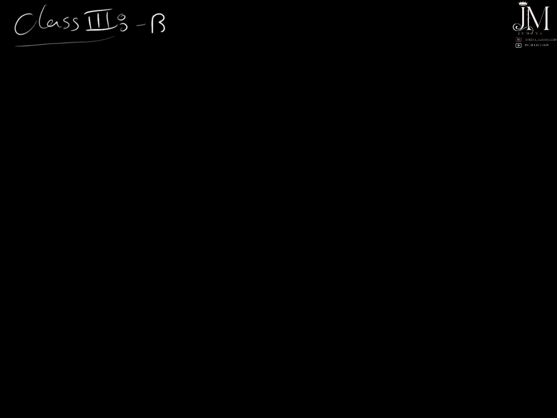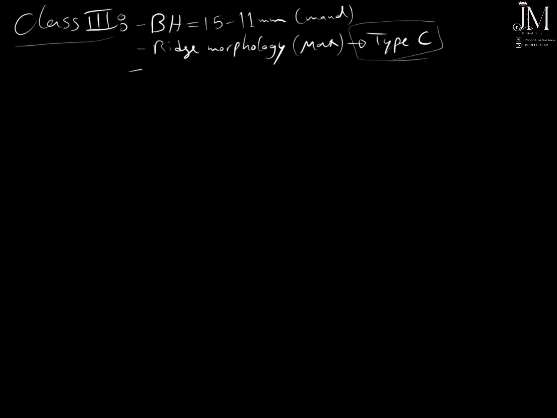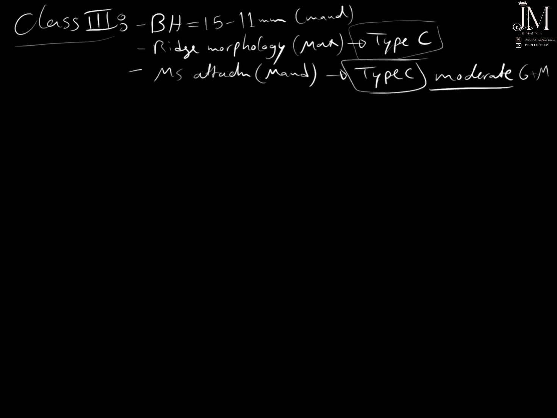Class 3: bone height 15 to 11 millimeter. Ridge morphology of the maxilla, type C, has minimum influence to resist horizontal or vertical movement and minimum support, no anterior vestibule, mobile anterior ridge. Type C muscle attachment has moderate influence on denture stability and retention: no anterior buccal or lingual vestibule, and genioglossus and mentalis muscle attached near the alveolar crest.